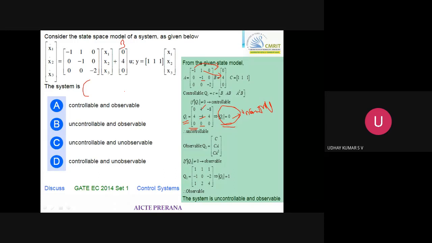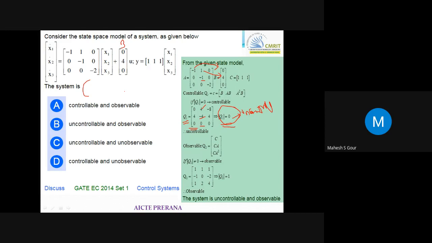Tushar answered, sir. Yes, sir. Got it, Ashwini? Yes, sir. What about observable? It should be C, CA, and CA square.